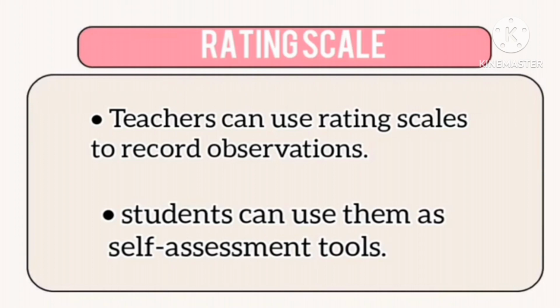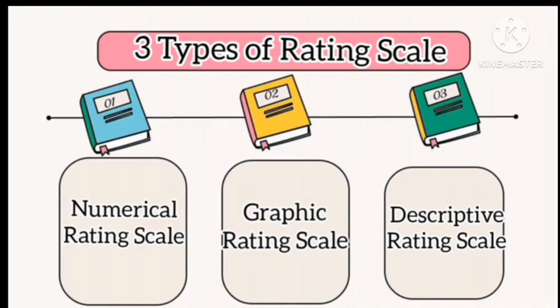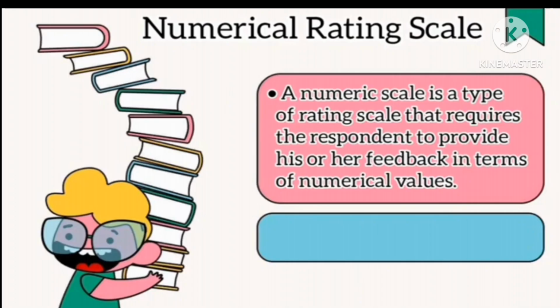Those are the basis of the teachers. The three types of rating scales are numerical rating scales, graphic rating scales, and descriptive rating scales. So let's see what the differences of these three types are.